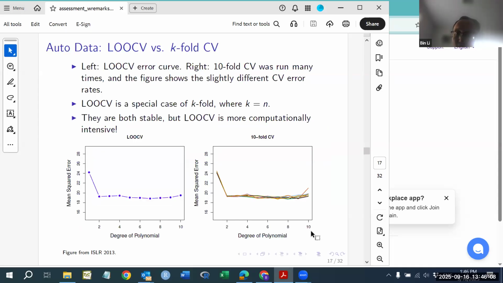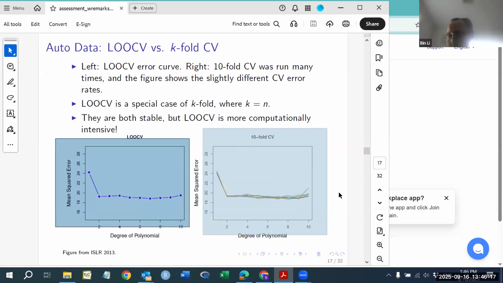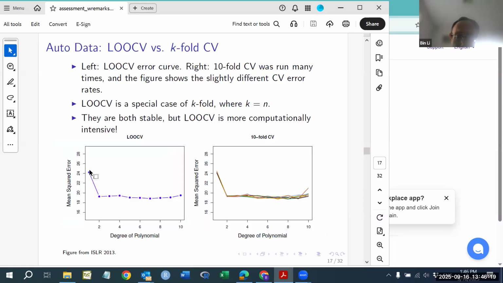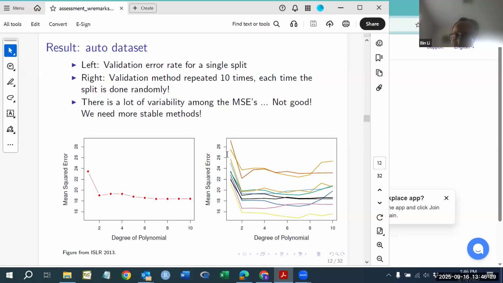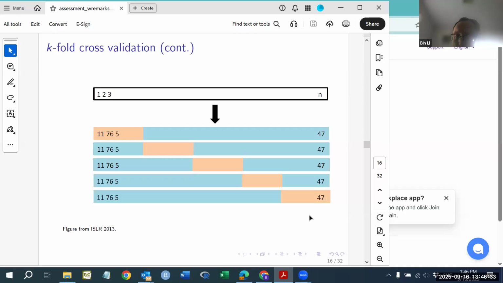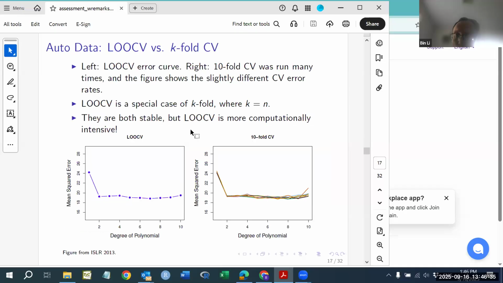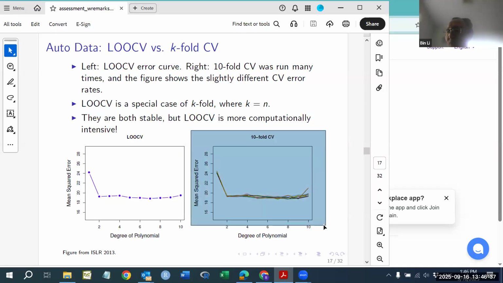So let's revisit the car example. The left one shows the leave one out and the right one shows the tenfold. You can see the leave one out is just one line. It's deterministic. And for tenfold, compared to the validation approach, you can see the benefit of doing k-fold.